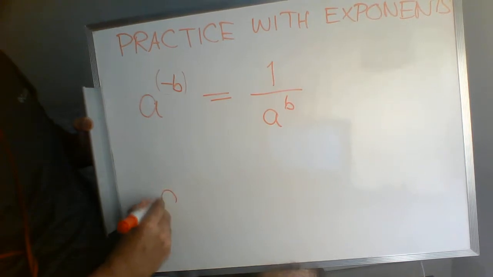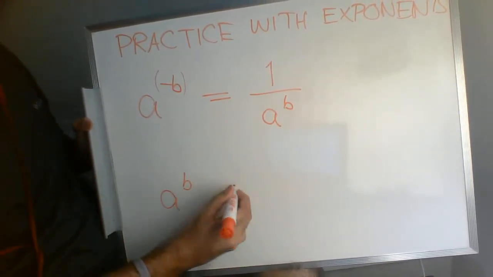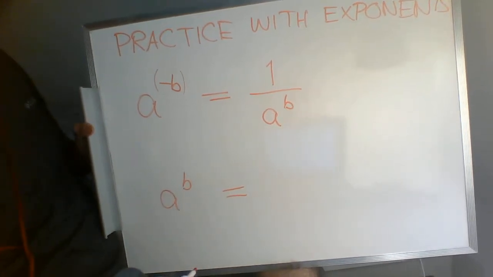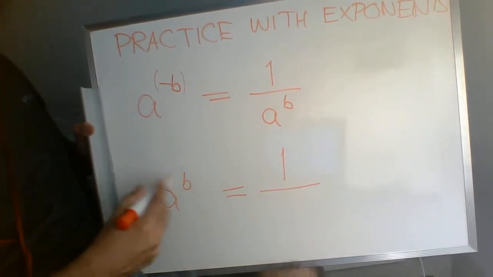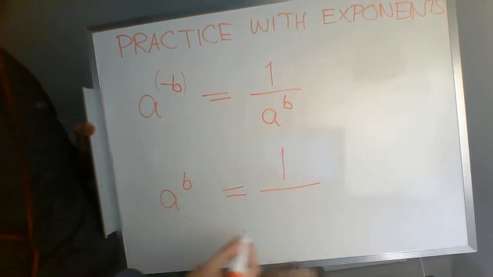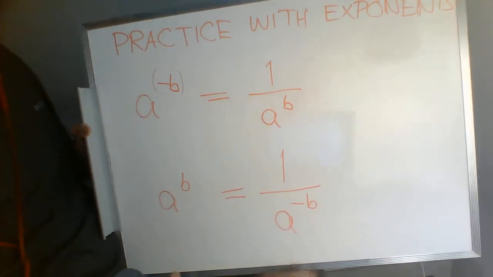Similarly, if you had a to the exponent b, this one is maybe a little bit less useful, but this is also true. That's the same thing as having a fraction where your numerator is 1, and then your denominator is the same thing that you started with, except for a minus sign.